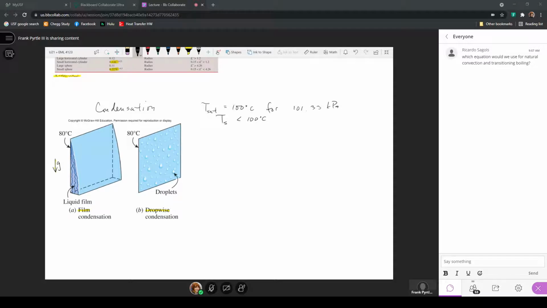Now, when we're considering heat transfer rates by condensation, here we say due to the film that forms, the heat transfer coefficients become a function of the film characteristics.